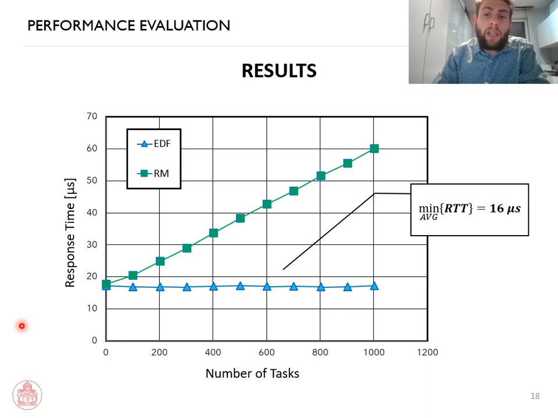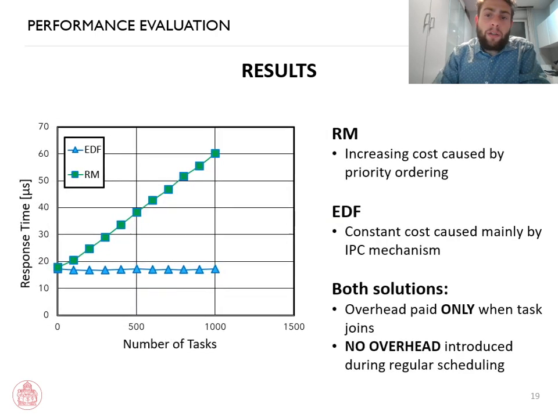Here in the slide I have reported the results. You can see the minimum average round trip time is 16 microseconds. From the plot it is clear that while the response of the EDF plugin is constant, the rate monotonic plugin has an increasing cost that can be attributed to the operation performed by the plugin to update the priorities assigned to the tasks.